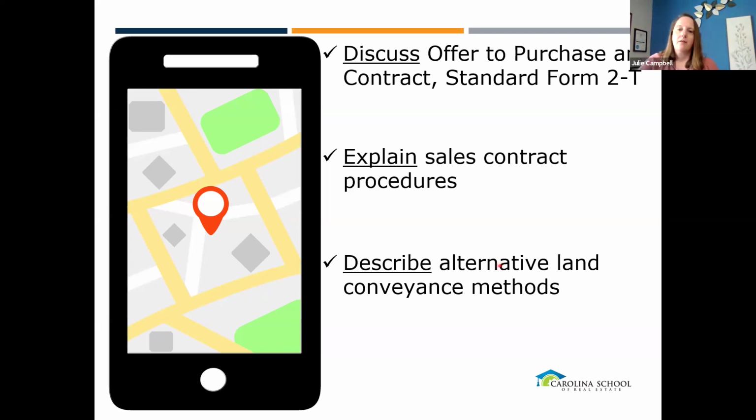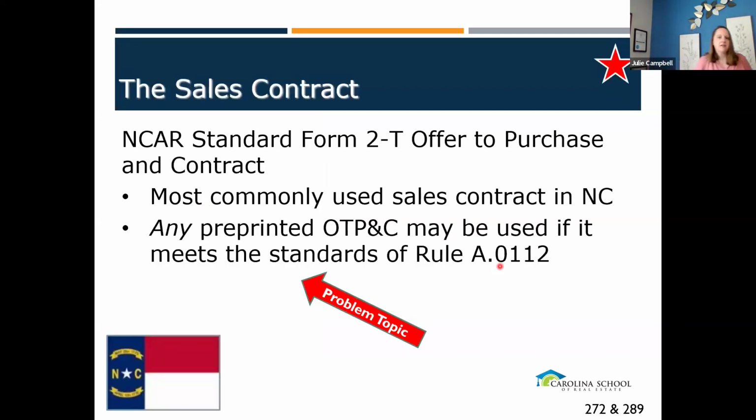So, sales contract. Again, the most commonly used one is from the North Carolina Association of Realtors, NCAR. It's the state level of the National Association of Realtors.